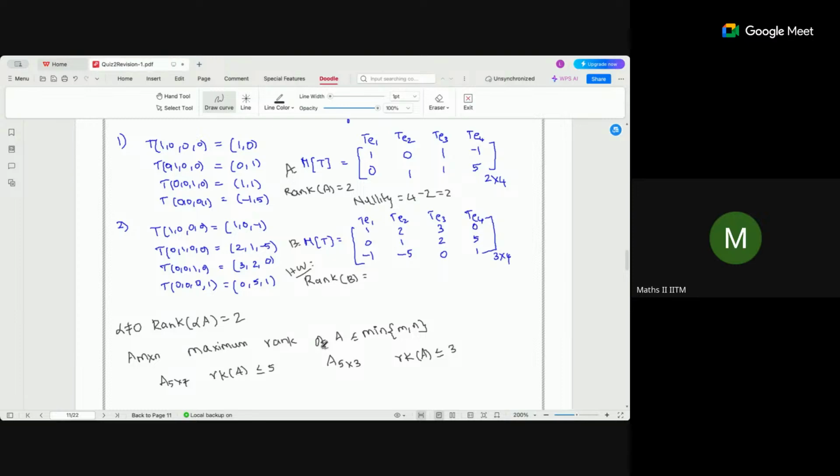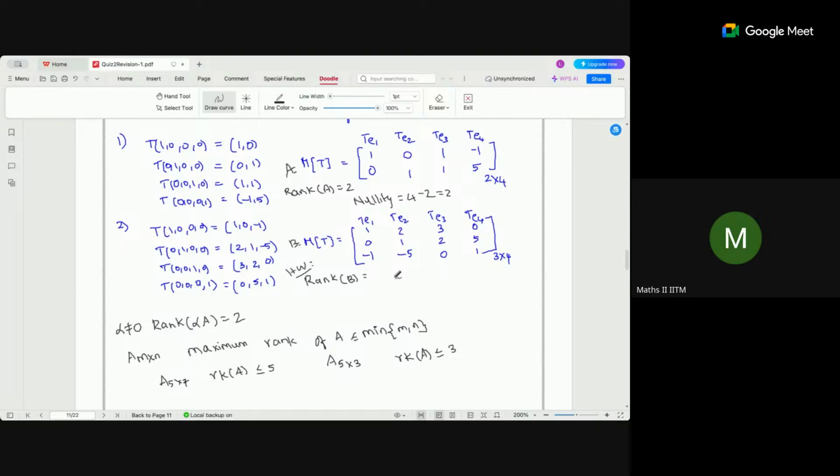Fine. So now if the rank is given, you know how to find the nullity. Suppose you have a 3 cross 4 matrix like this. What is the maximum possible rank? The maximum possible rank is 3.